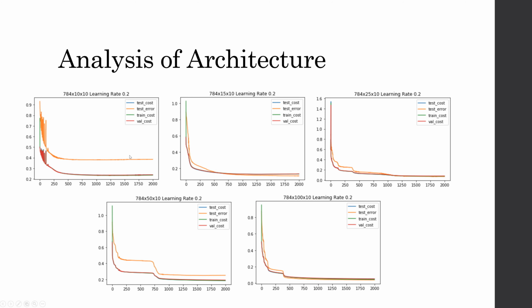And we'll see here that when we get to 784 by 100 by 10, which means there's 784 input neurons representing each pixel in the digit, 100 neurons in the hidden layer, and 10 neurons in the output layer, which would represent 0 through 9 for the digits.